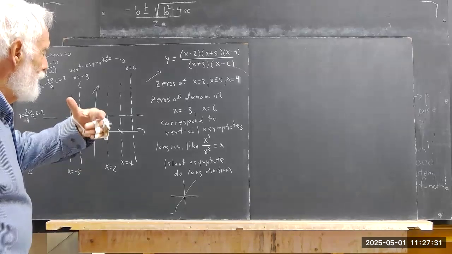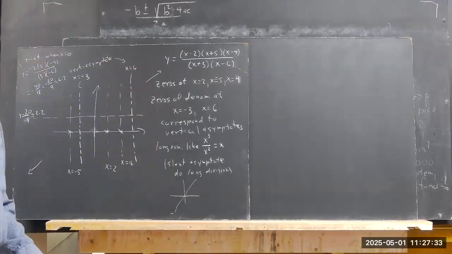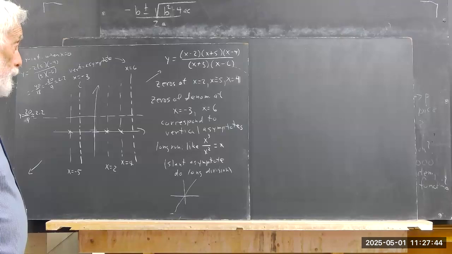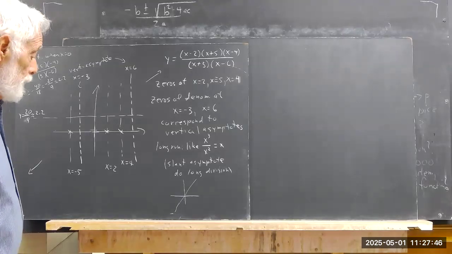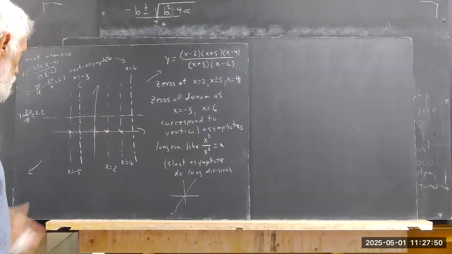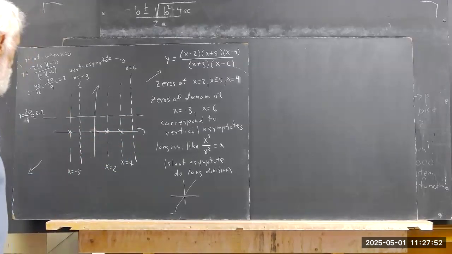Now, not worrying much about the slant asymptote, although you will have an opportunity to do a slant asymptote and show that you can. Okay. It's not going to be a really big deal on the exam. I don't recommend necessarily that you skip it if you understand it reasonably well, which I think many of you do.